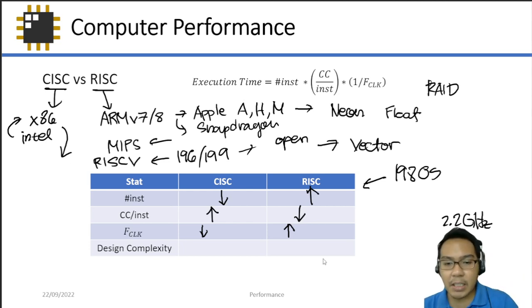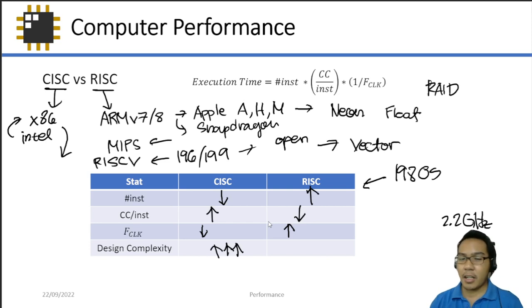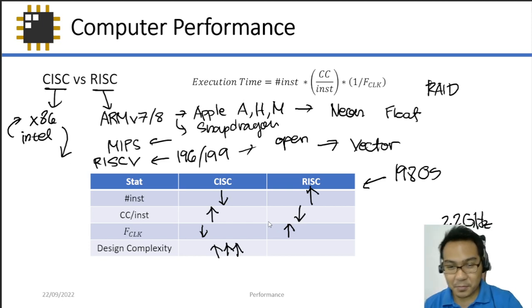Okay, design complexity. CISC is much, much, much more complicated. There is an MIT lecture that discusses the x86 instruction set, and if you'd like, you can try to search that up on YouTube. But I would say CISC is very, very complicated.